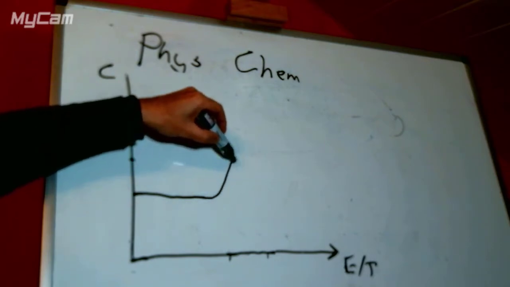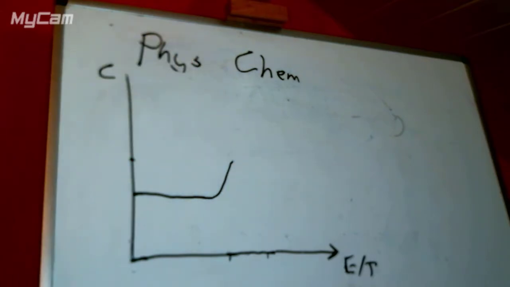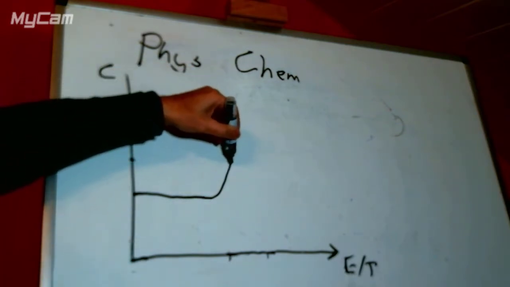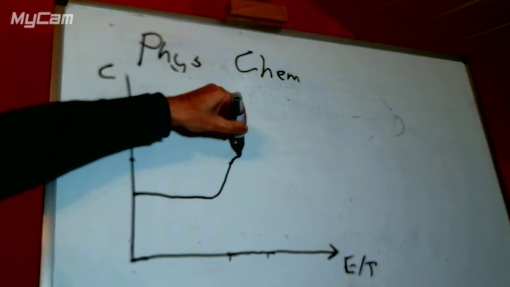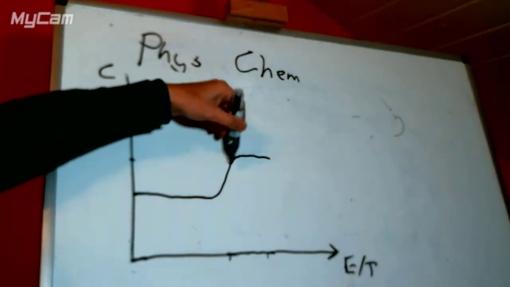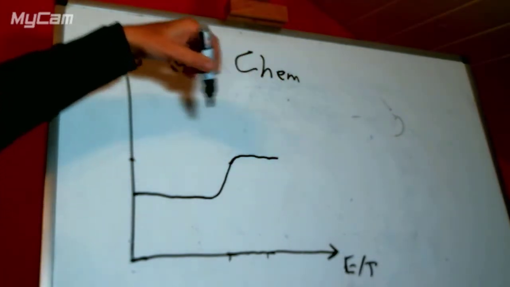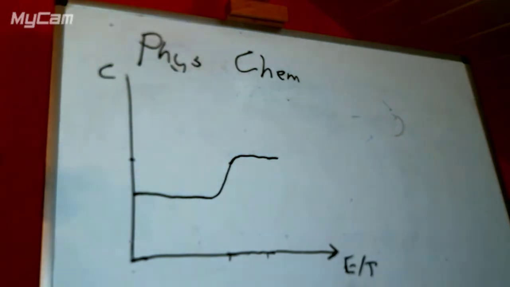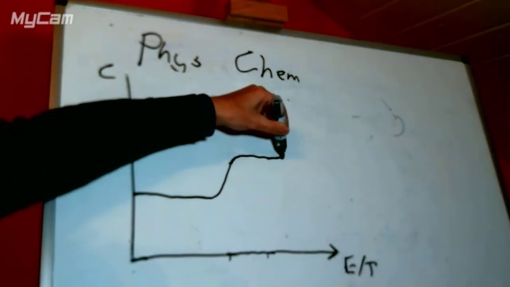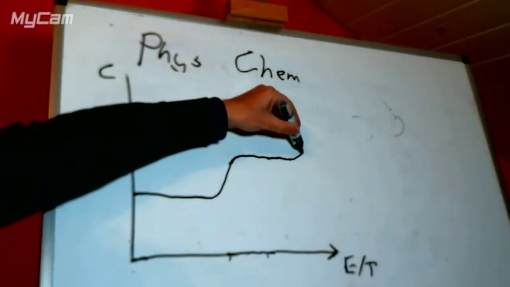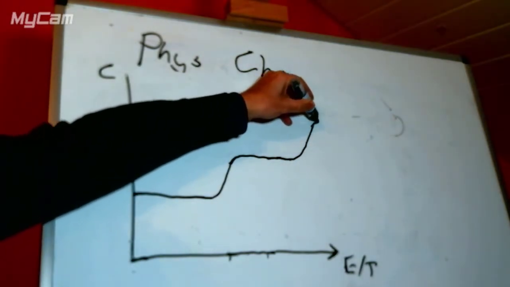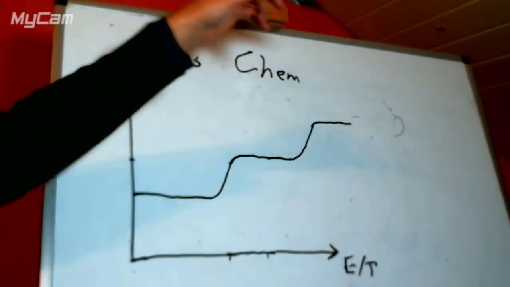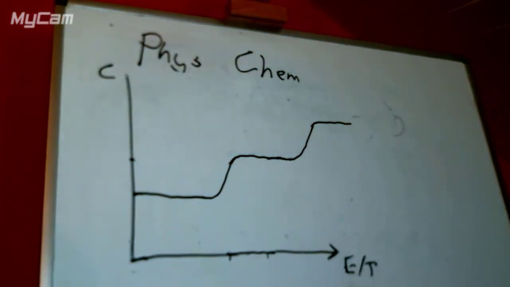So then it's going to take more energy per unit temperature to heat up our hydrogen. So this would be rotation activated. And it's not exactly straight up, but effectively it's a step in specific heat capacity, and then it carries on, and then we activate vibration as well. And then we get fairly constant specific heat capacity after that.